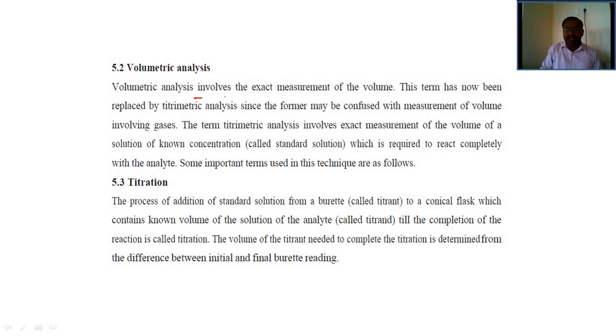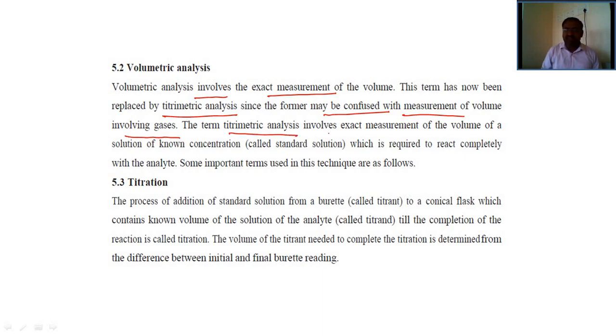The volumetric analysis involves the exact measurement of volume. This term has now been replaced by titrametric analysis, as I already told, since the former may be confused with measurement of volume involving gases.